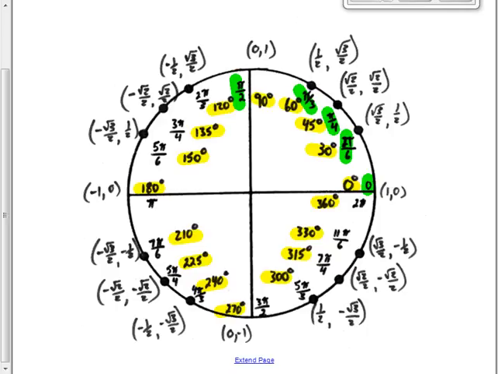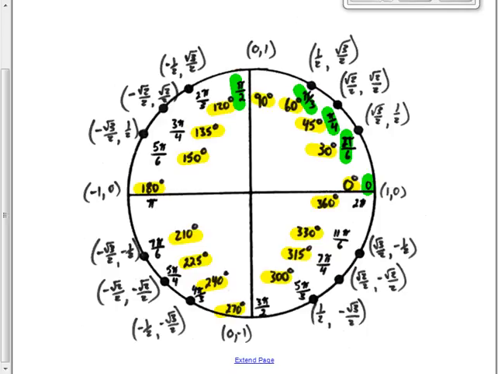It's really the same idea: we're counting by 30 degrees. If you can remember that, you have only 2 different sections that we're adding on, the 30 degree sections and the 45 degree sections. Going up 30 degrees is pi over 6, and going up 45 degrees is pi over 4.